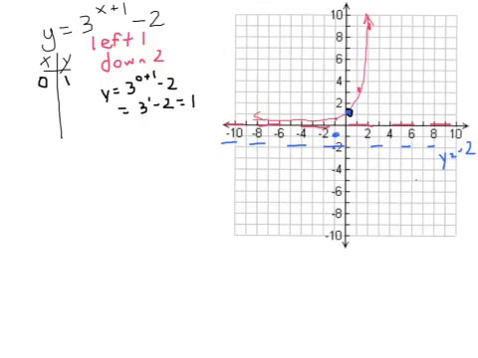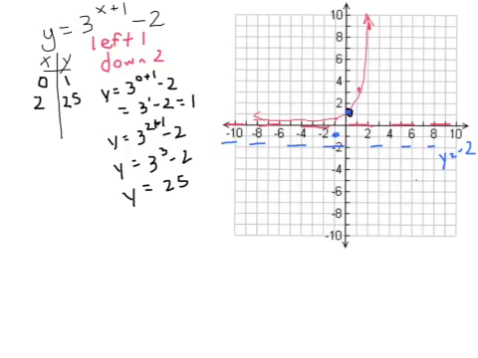Okay? And then I'm going to fill in, say, 2. And that'd be y equals 3 to the 2 plus 1, and then that minus 2, so that's y equals 3 to the third minus 2. y equals 27 minus 2, or 25.